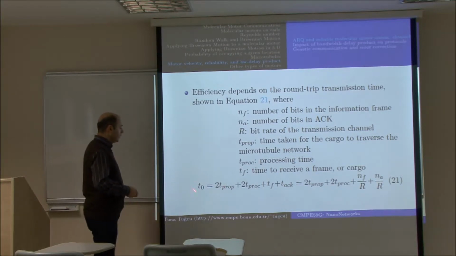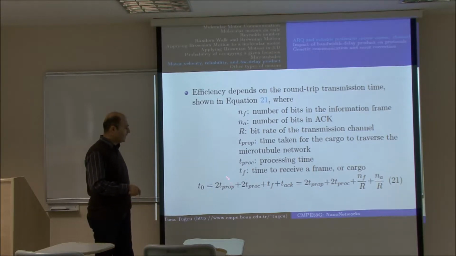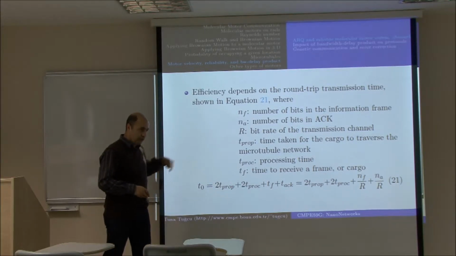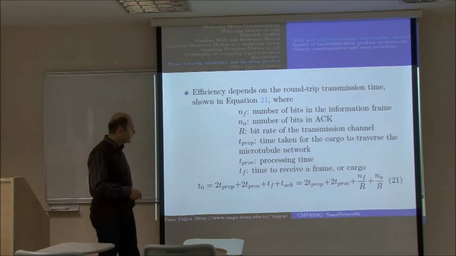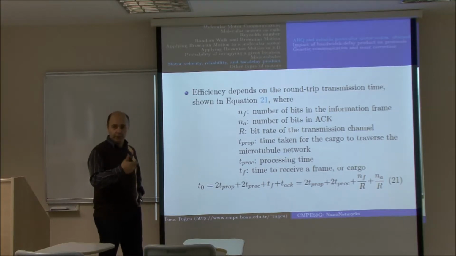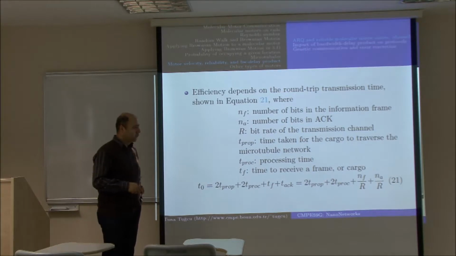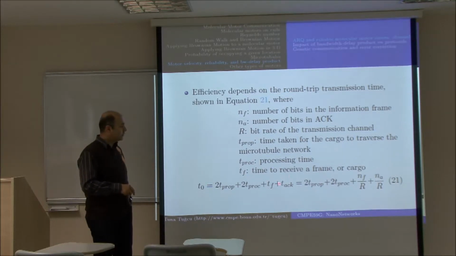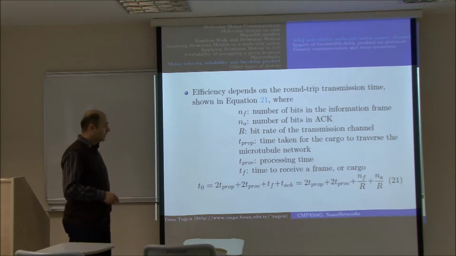Then this round trip time would be twice the propagation time, because first the message goes and then the acknowledgement comes all throughout this link. Twice the processing, one for the information frame, one for the acknowledgement. Time to receive the frame and time to receive the acknowledgement. Okay? Sum of these.